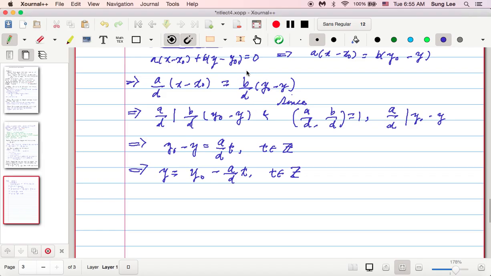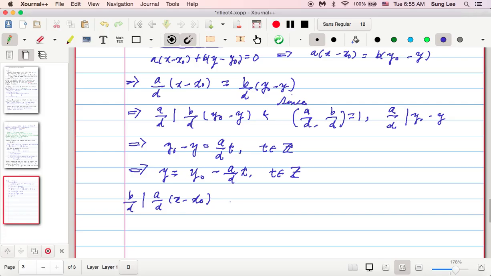Here, b over d obviously divides b over d times y naught minus y, so b over d has to divide the left-hand side, a over d times x minus x naught.